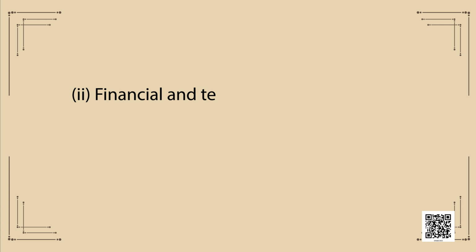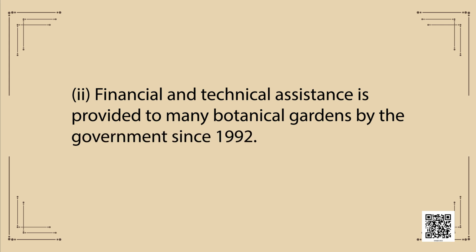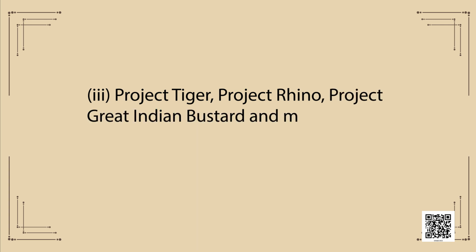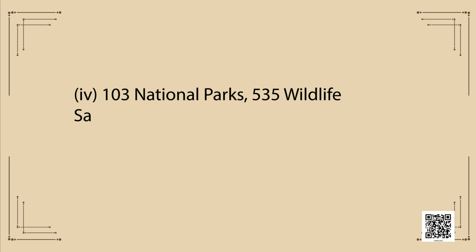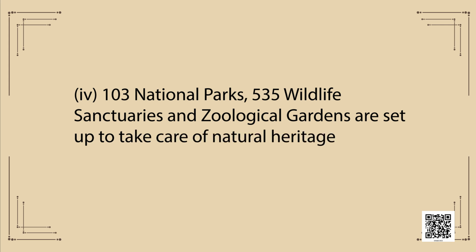Next, financial and technical assistance has been provided to many botanical gardens by the government since 1992. Project Tiger, Project Rhino, and many other eco-developmental projects have been introduced. 103 national parks and 535 wildlife sanctuaries and zoological gardens are set up to take care of our natural heritage.